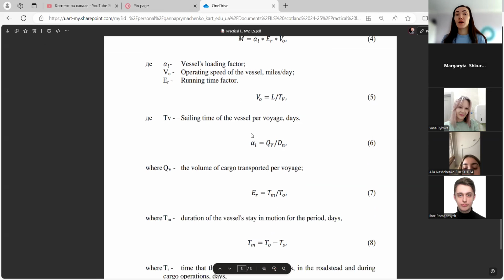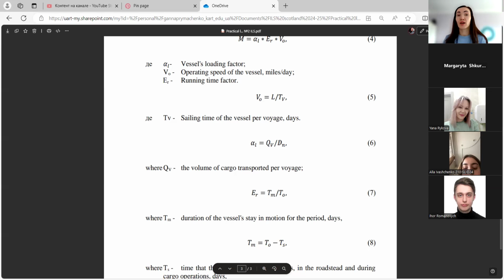So we write alpha with index L is equal to such parameter as Q with index V. What does it mean? It is the volume of cargo transported per voyage, per one voyage, or per one trip, for example, we also use such a translation. We can find it in our table 1.2. Okay, find it.